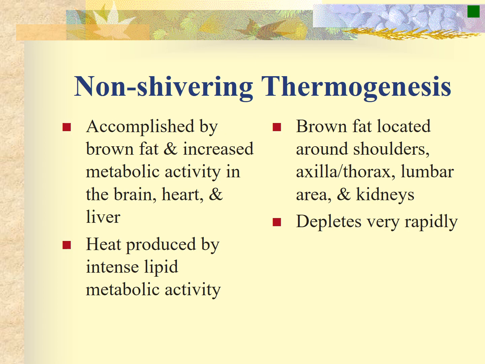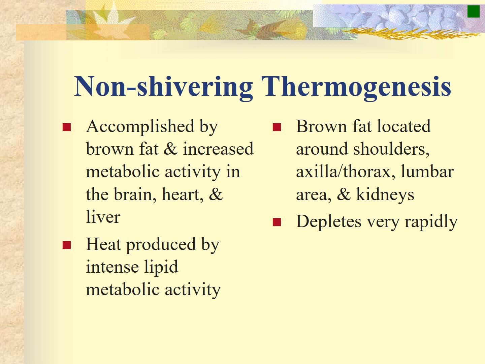Non-shivering thermogenesis is accomplished by brown fat and increased metabolic activity in the brain, heart, and lungs. So that's how those babies are increasing their body temperature. They have more brown fat and the metabolic activity is increased. Heat is produced by the intense lipid metabolic activity.